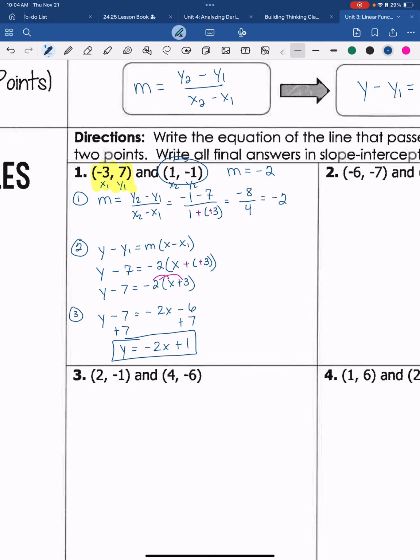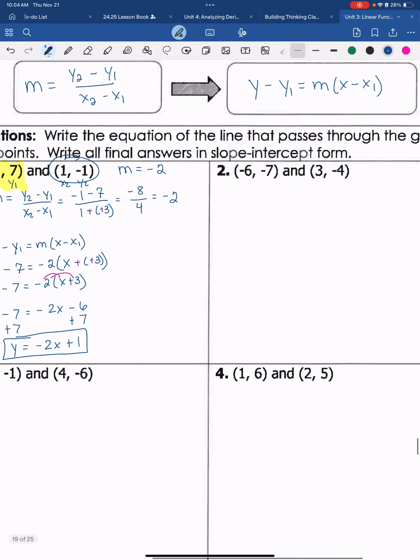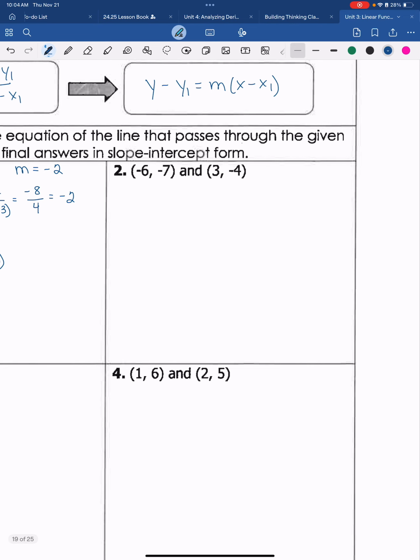Let's do one more together, and then you're going to do the other two on your own and check your answers. So again, I start off by finding my slope and labeling my points, x1, y1, x2, y2. Slope equals my change in y, so y2 minus y1, negative 4 subtract a negative 7, divided by 3 subtract a negative 6.